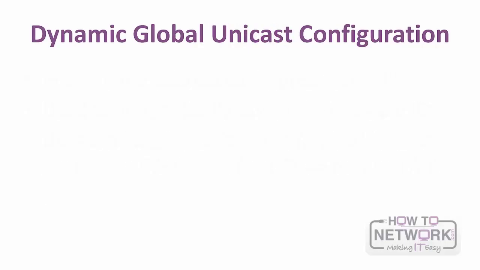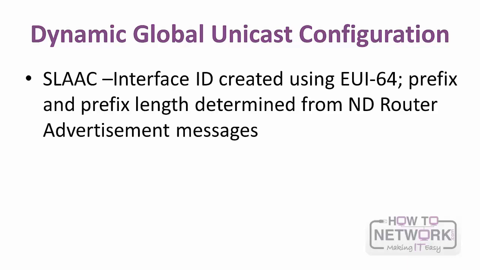Global unicast addresses can also be configured dynamically without any manual configuration. Two ways to dynamically configure global unicast addresses are as follows. Stateless Address Auto-Configuration, SLAAC. Using this method, the interface ID is created using EUI64, while the prefix and prefix length are determined from ND router advertisement messages.